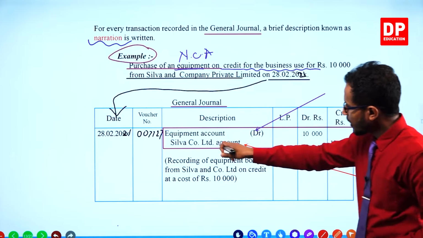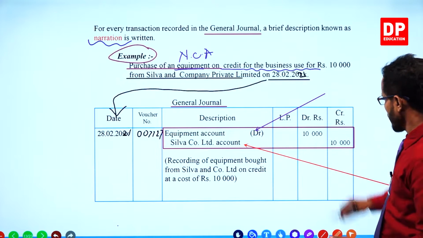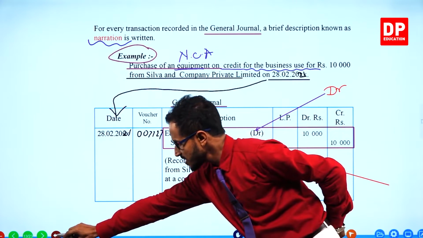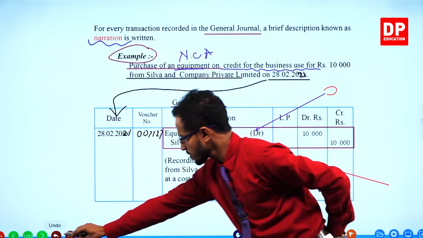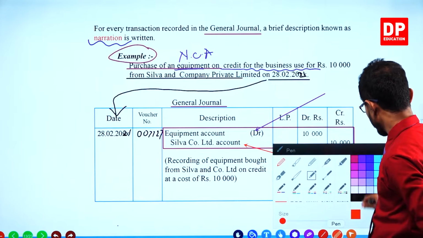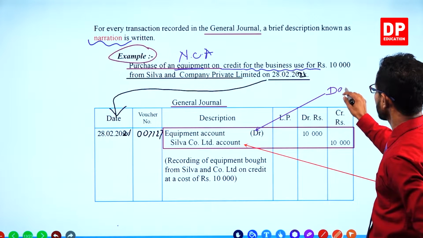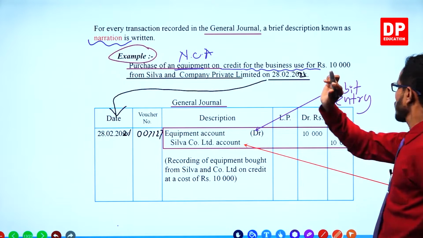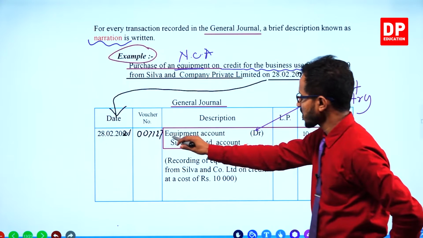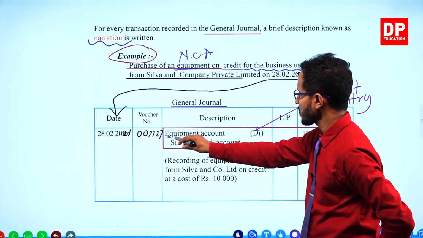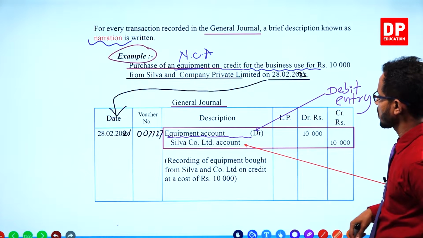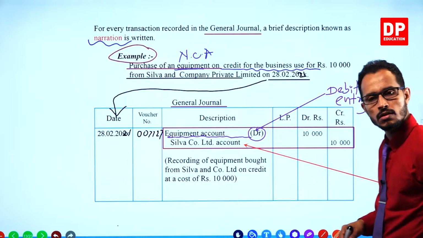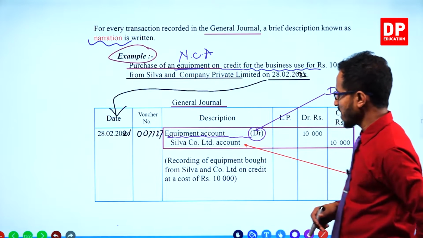See, equipments account debit, this is the debit entry. Remember to mention the debit, DR, for the debit entry.